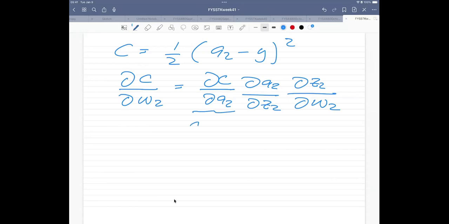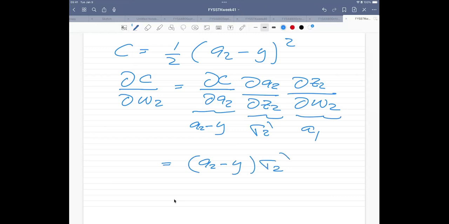This is the same as A2 minus Y. This is the same as sigma 2 derivative, and this one is just going to be A1. So this is given by A2 minus Y multiplied with sigma 2 derivative multiplied with A1. And now we're going to label this one as a delta 2 parameter. And it's pretty straightforward to see that dC/dB2 is equal to delta 2.